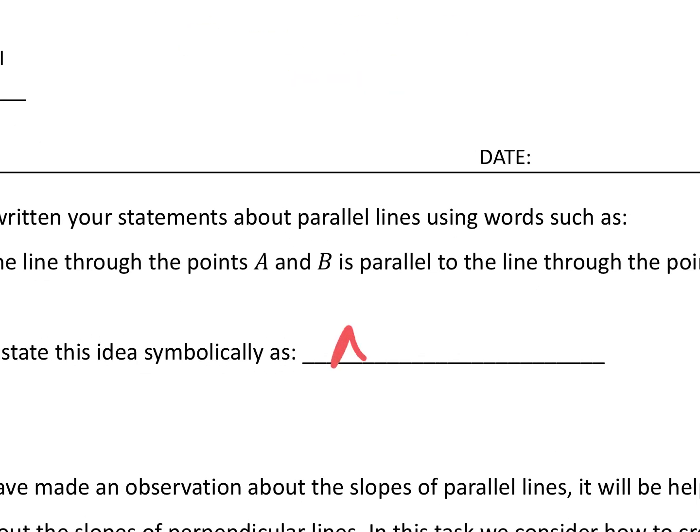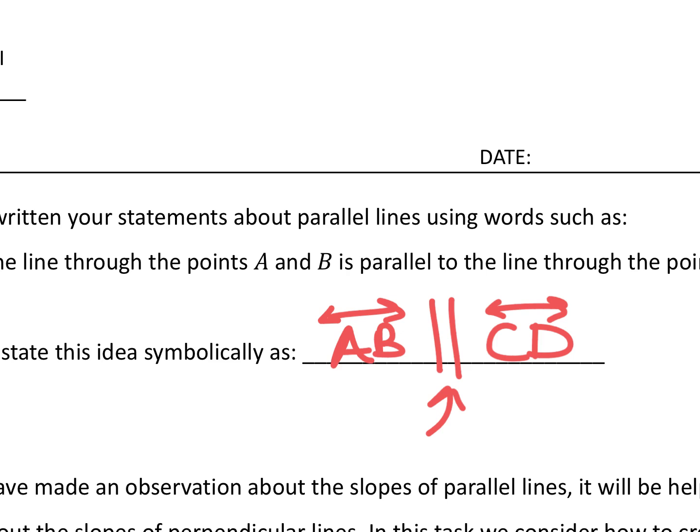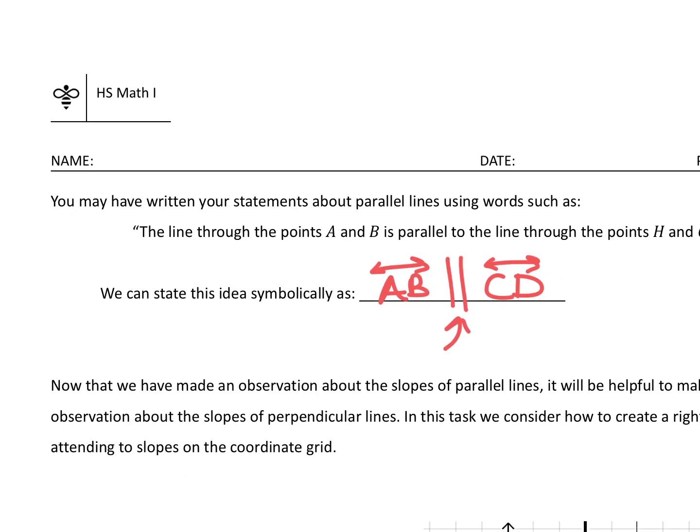We can say line AB is parallel to line CD. This is an example. So these railroad track kind of symbols mean the word parallel, is parallel to. So that's a great shorthand for writing parallel.